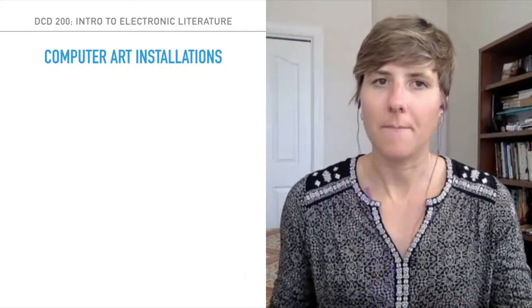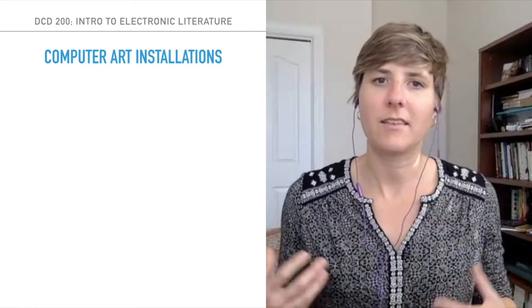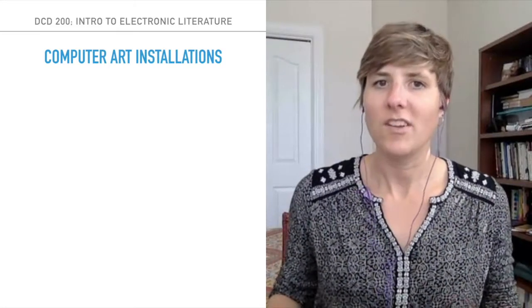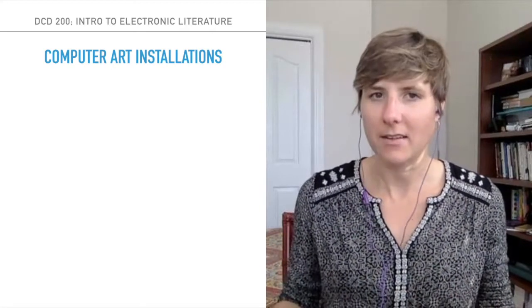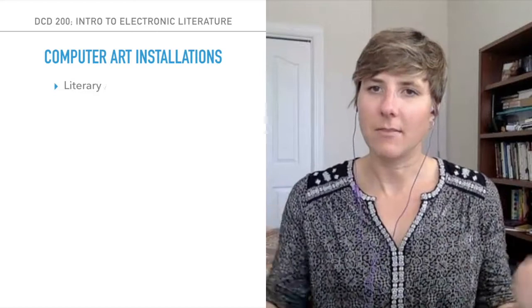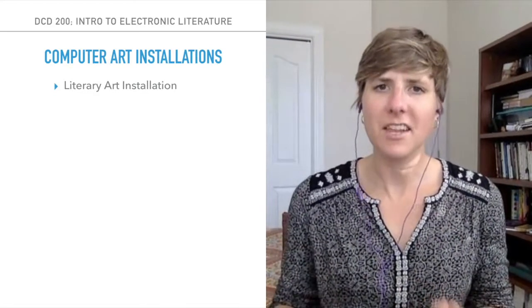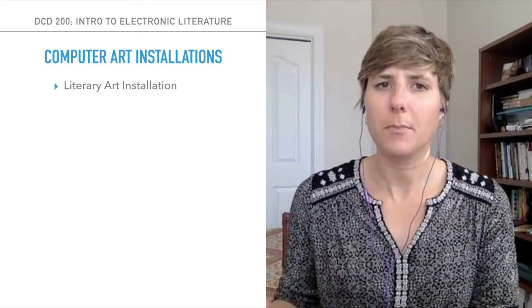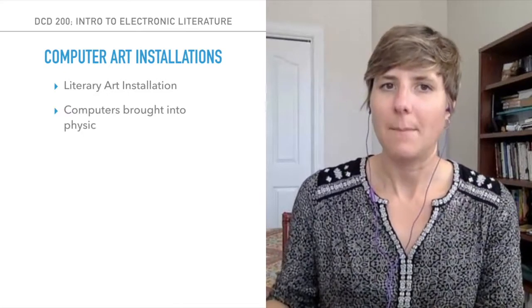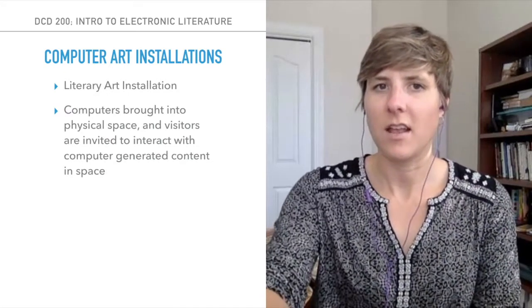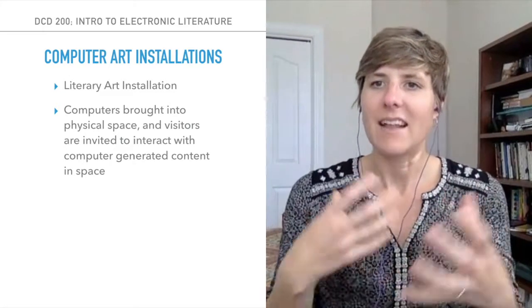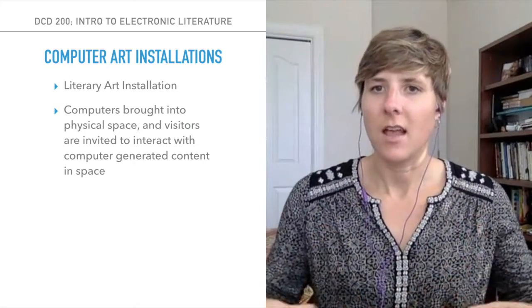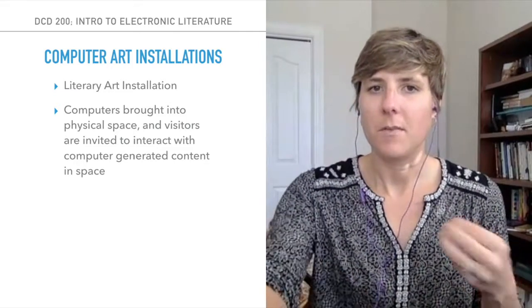Okay, so our third form of electronic literature is computer art installations, which ask viewers to read them or otherwise have some kind of literary aspect. So this is like a literary art installation based in computers, where computers are brought into real spaces and visitors to the installation can interact with that space through the computer, and something that has to do with the installation then reacts to the person, right?